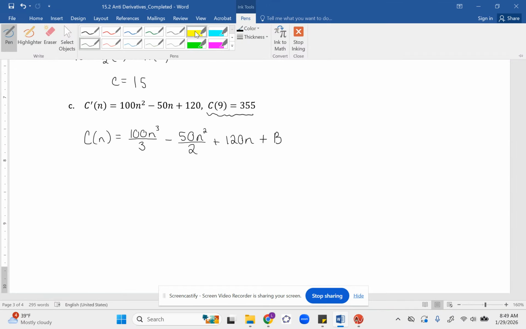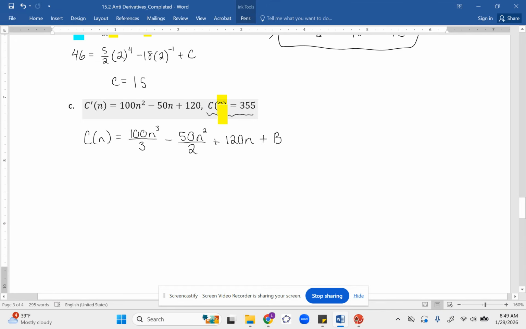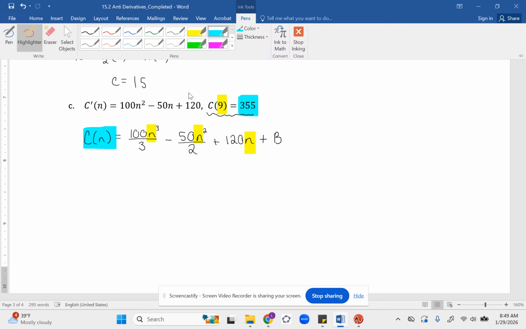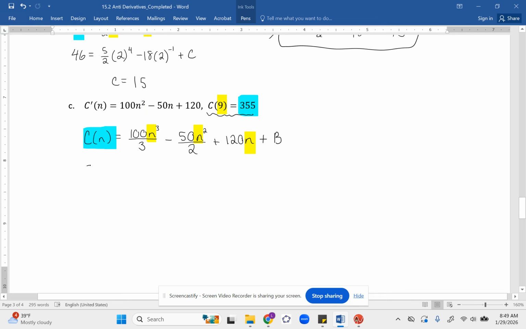Now I can substitute 9 in for my n. So everywhere I have an n, I'm going to substitute in 9. And then I'm going to set the whole equation equal to 355. That's the input and the output. And so I have 355 is equal to 100 times n to the third power over 3. I see I have 50 over 2 here.